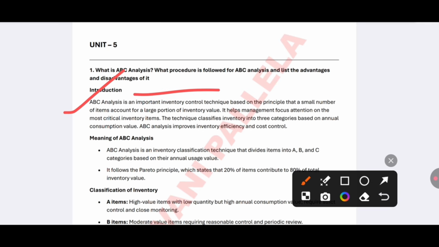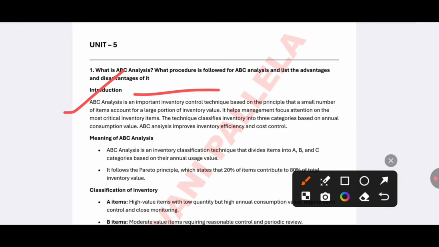Here a small number of items will give a large portion of inventory value. So you are analyzing your inventory, your stock, and controlling your things. It will be helpful for the management to focus more on the critical inventory items.